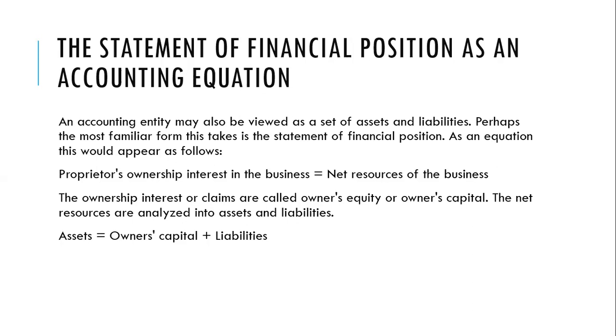Assets of an organization can come basically in two ways. From the business owners, that's what we call owner's capital or owner's equity. If the owners have not borrowed money from anywhere, it simply means that 100% of the assets you will see in that organization are provided by the owners of the business. So in that case, the accounting equation will be assets is equal to capital.